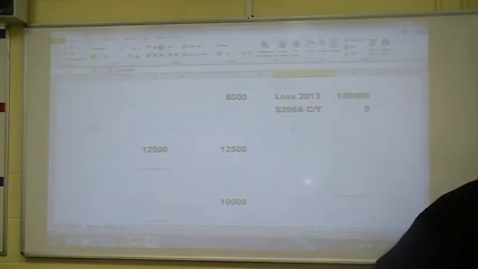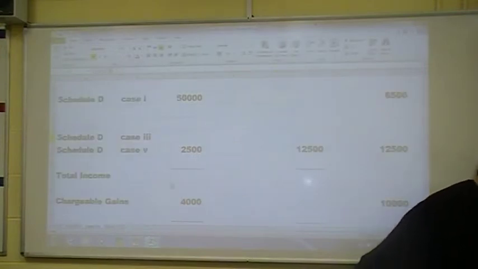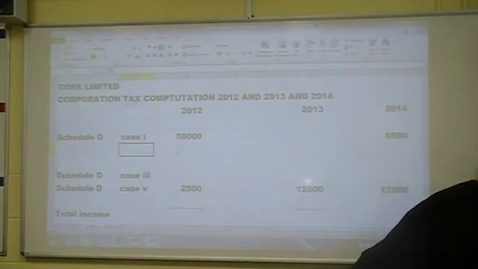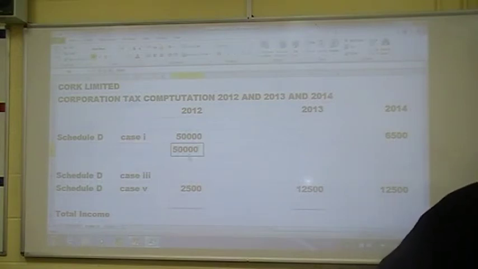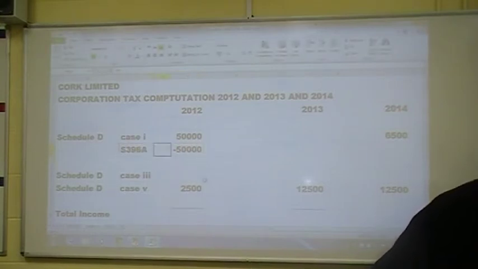So now we need to do a section 396A, prior year. Okay, so our prior year is 2012. So we have 50,000 there. So out of that 100,000 we can use 50,000 inside there straight away. So section 396A.